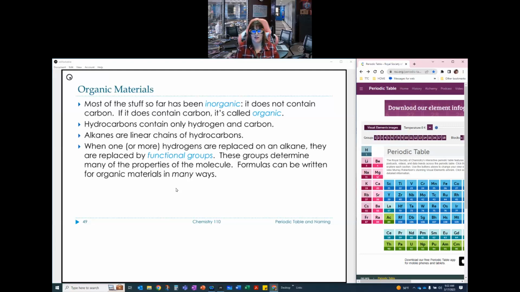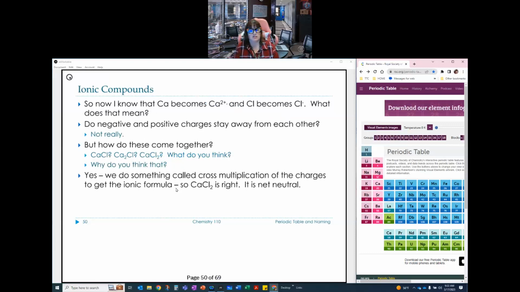So, now, for my ionic compounds, I know that Ca becomes Ca2+ and Cl becomes Cl-. Okay, awesome. Do negative and positive charges typically stay away from each other? No, they don't. So if I have a Ca2+ hanging out and a Cl- hanging out, they're typically going to act together, right?